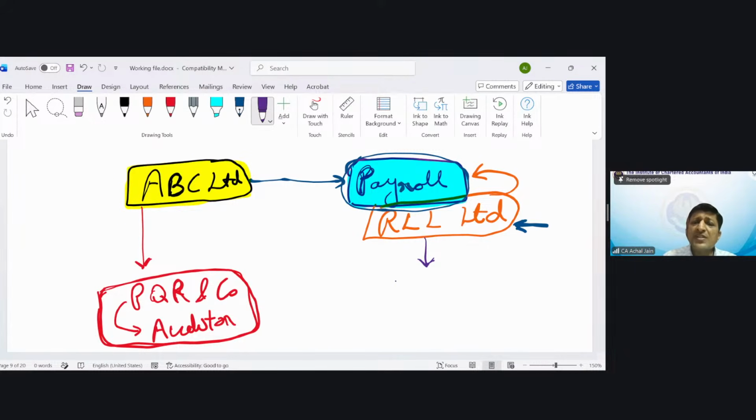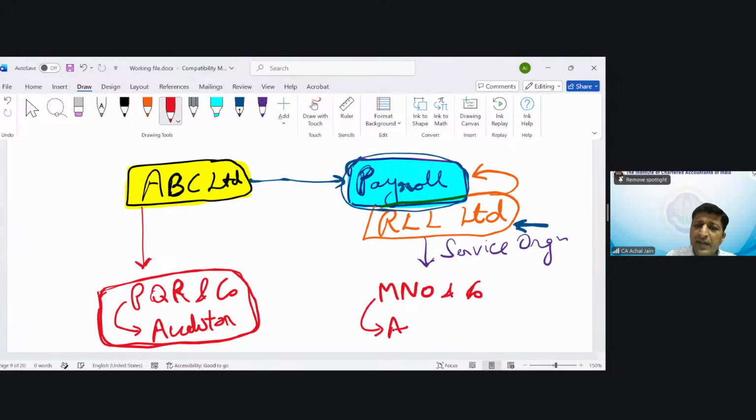So this RLL is what? It's the service organization. Let's suppose you have the auditor of RLL, let's suppose it's MNO and company. So they are the auditor of RLL.